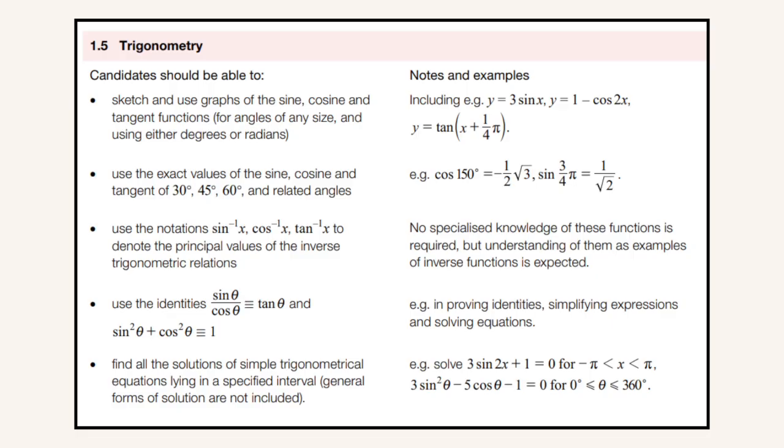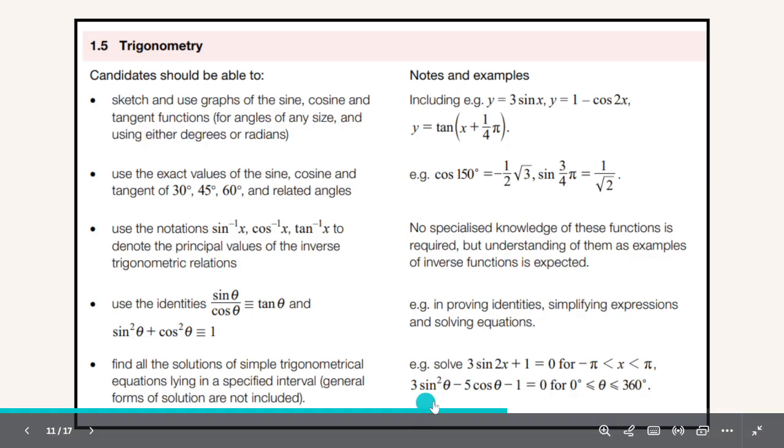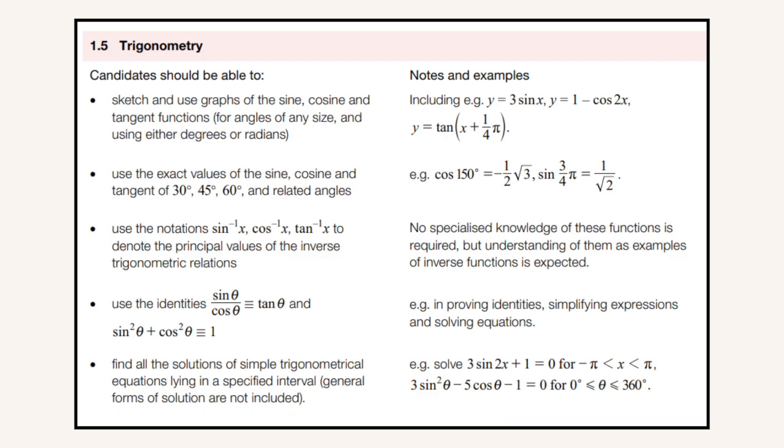Then there are the quadratics of trigonometry. One of the examples shown on the slide is 3 sine square theta minus 5 cos square theta minus 1. Since sine square theta is equal to 1 minus cos square theta, you substitute that and you have a quadratic in terms of cos theta.